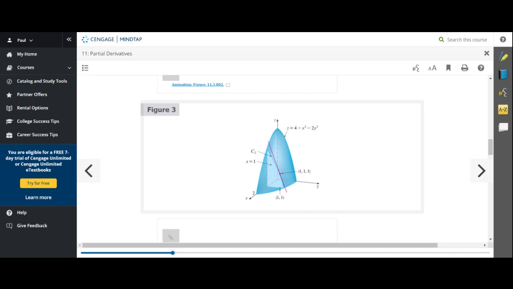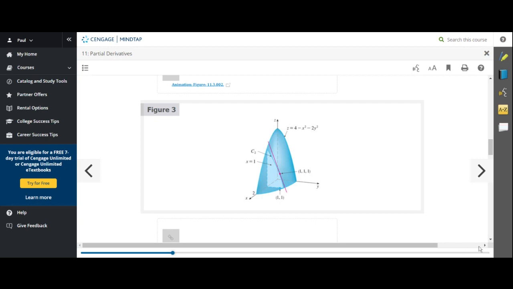How many find it helpful to have a geometric feel for these partial derivatives? All right, excellent. And it's kind of nice to discuss it. It's one of these things where we want to look at pictures and discuss.